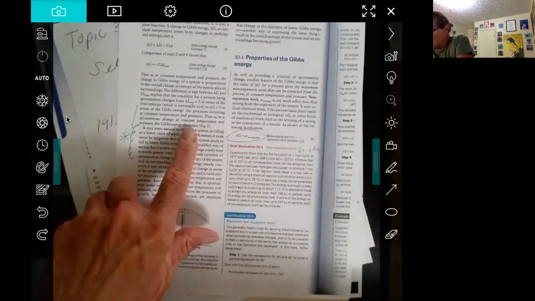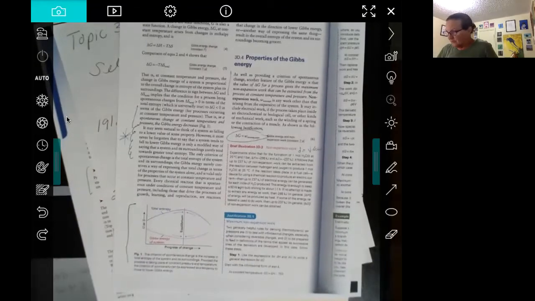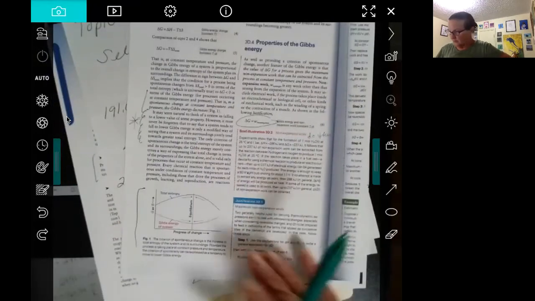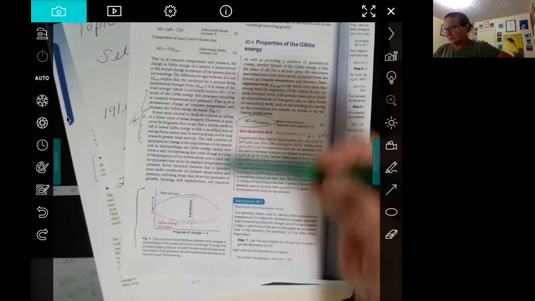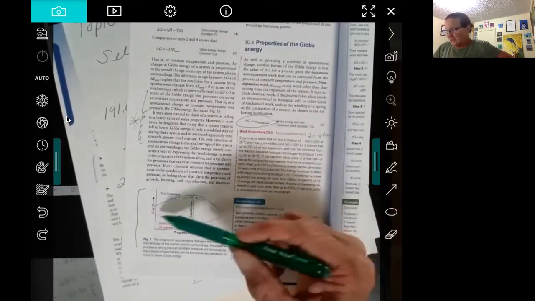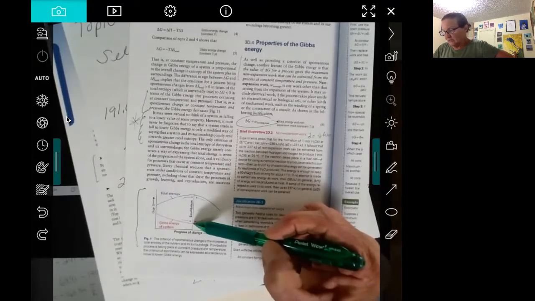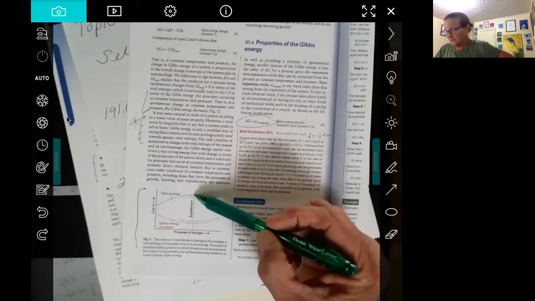So they're just restating that for a spontaneous change at constant temperature and pressure, the Gibbs energy decreases. And this picture is really what you want to think about. What really is true is we defined Gibbs free energy in such a way that a minimum in the Gibbs free energy of the system is equal to a maximum total entropy of the universe.